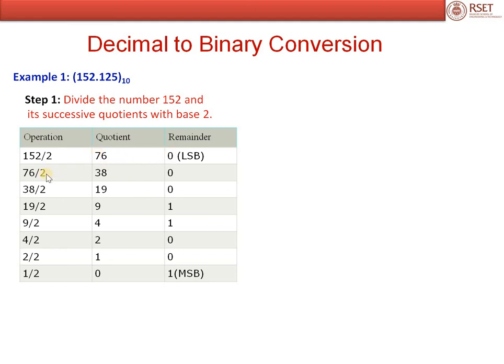This is again divided by 2, again giving remainder 0. And this quotient is again divided. This process continues until the quotient is 0. So here we get 2 by 2, 1, so the remainder will be 0. Again 1 by 2, the quotient will be 0 and the remainder 1.